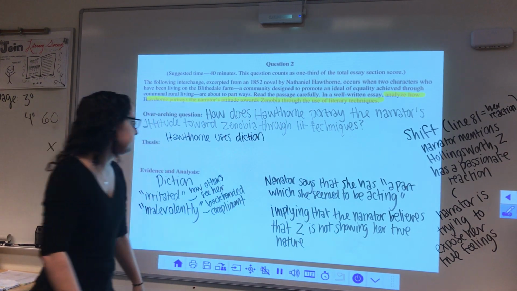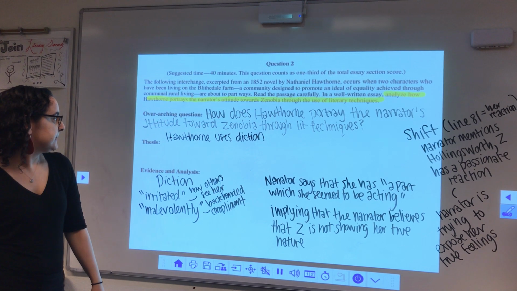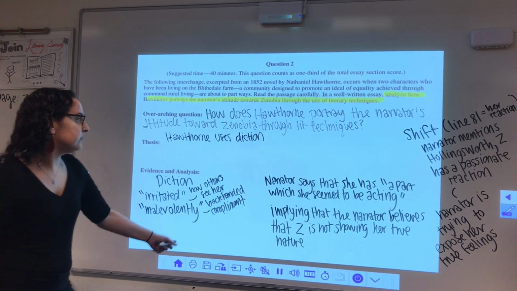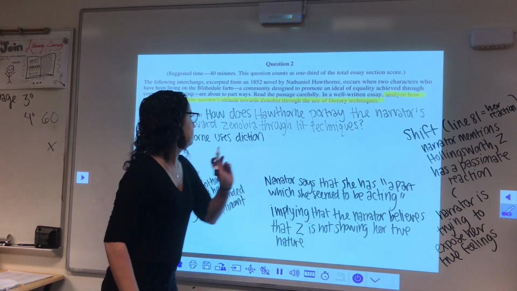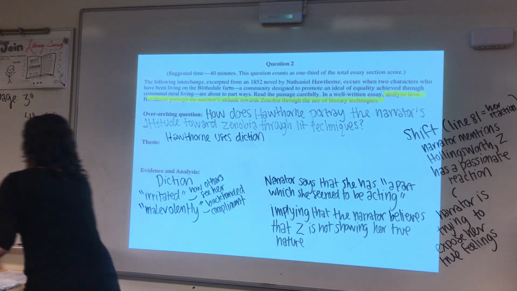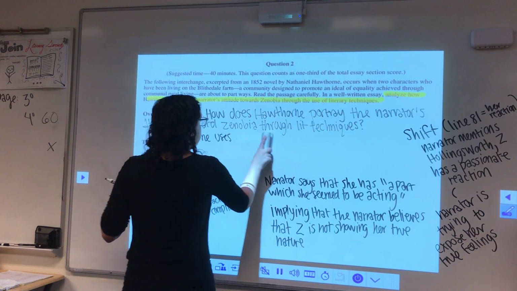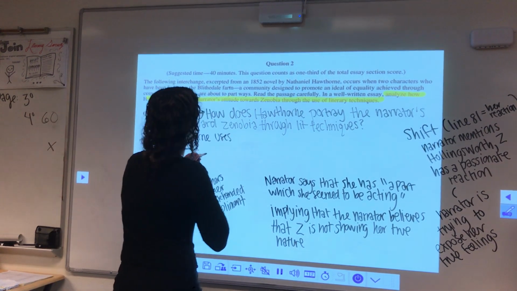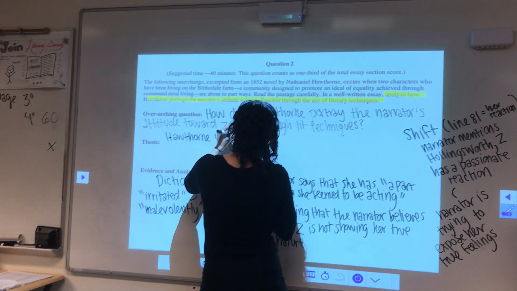Okay, Hawthorne uses diction. Actually, do I even need to put that? If I didn't really label these, can I just say literary devices? Yeah, let's say literary devices. Okay. Oh, literary techniques. Ooh, yeah.